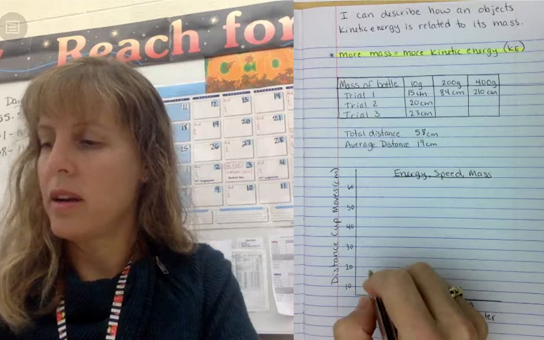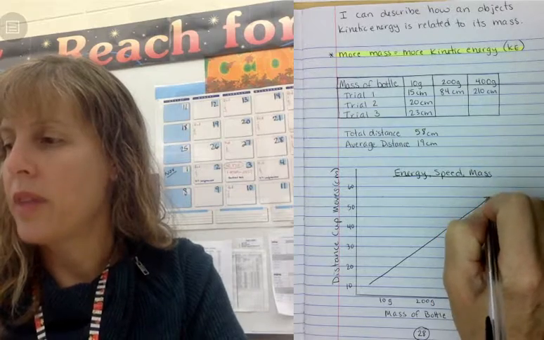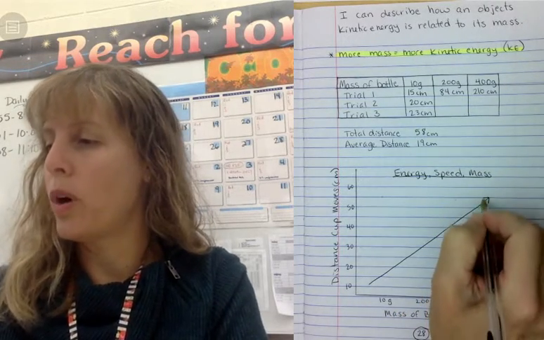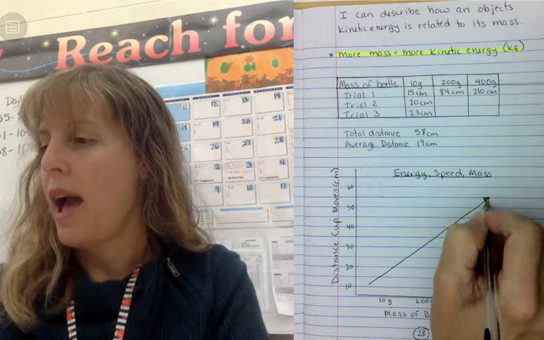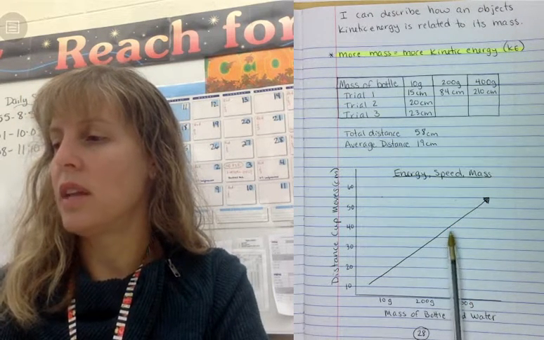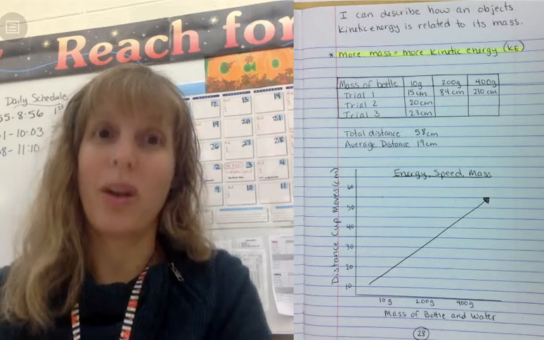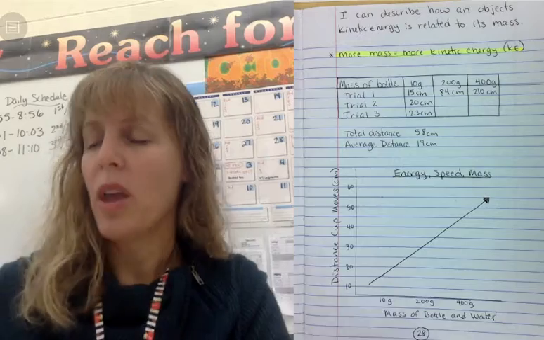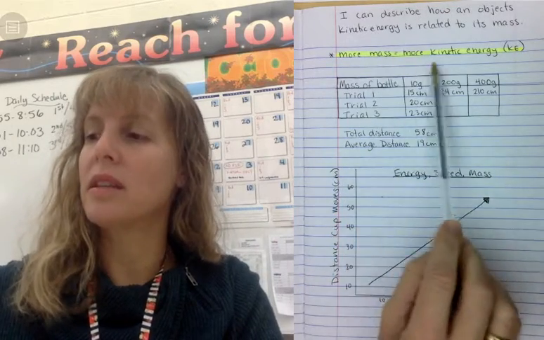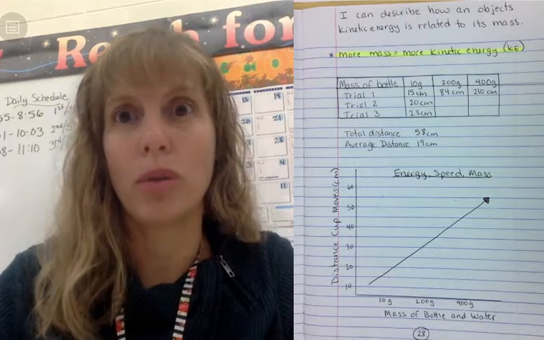If you put this graph together, you should end up seeing that the trend is called an upward trend, right? So as the mass increases, the distance that the bottle pushes the cup also increases. So it has more kinetic energy, which explains up here, more mass is more kinetic energy. Okay, and remember, kinetic energy is the energy of motion.